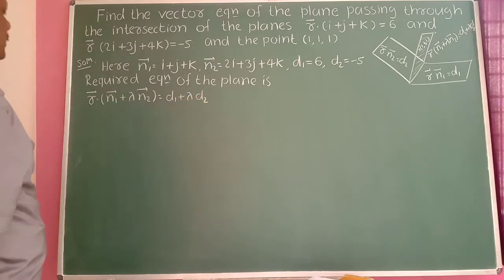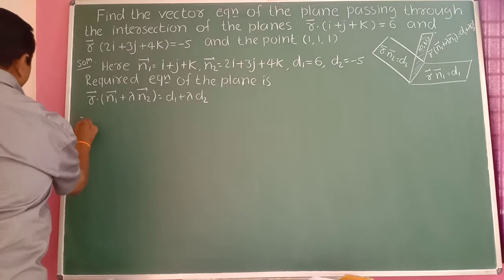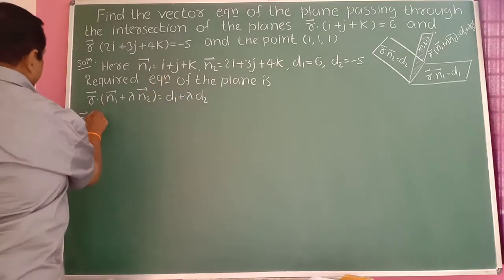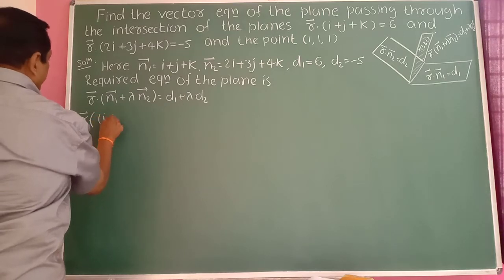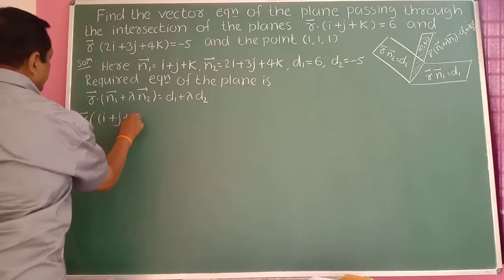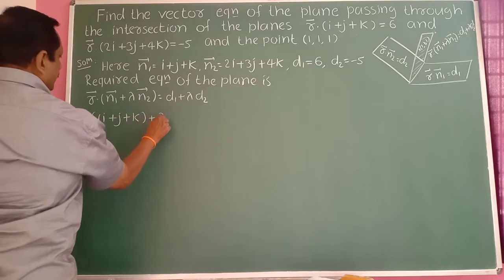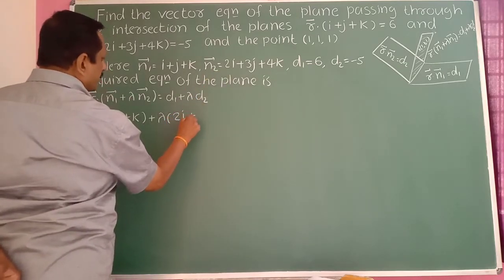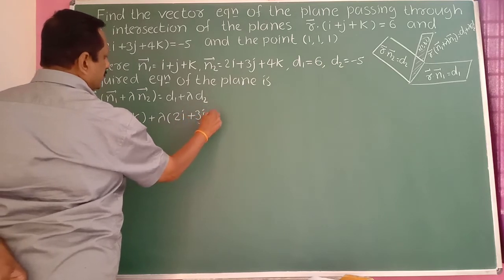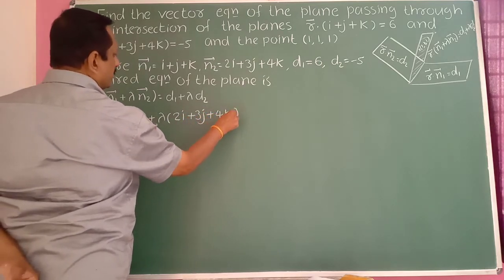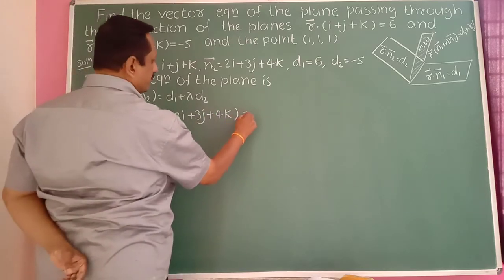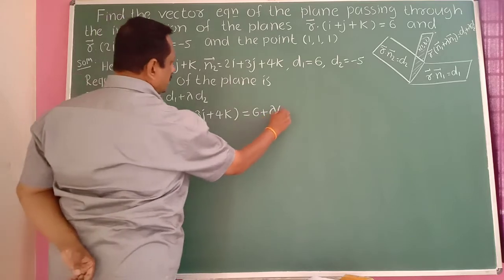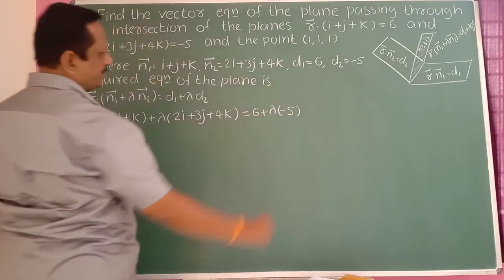Then r bar dot i plus j plus k plus lambda into bracket 2i plus 3j plus 4k, is equal to 6 plus lambda into minus 5.